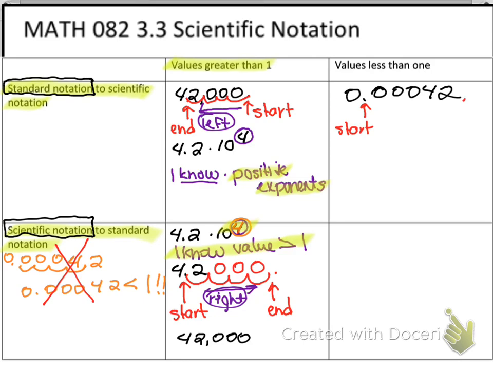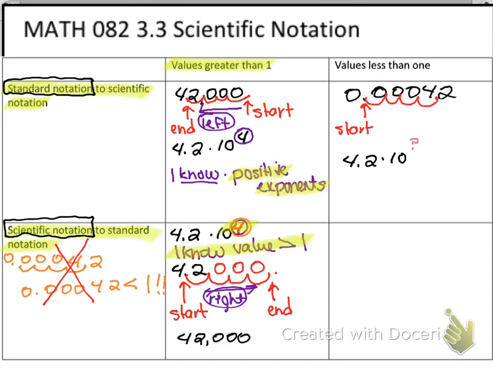Well, if it ends here, that means there would be 2 digits in front of our decimal place, which is in violation of the actual definition of scientific notation. So our decimal place has to stop right after the 4. So we go 1, 2, 3, 4. Okay, so we have 4.2 times 10, and just to play devil's advocate here, I'm going to put a question mark.